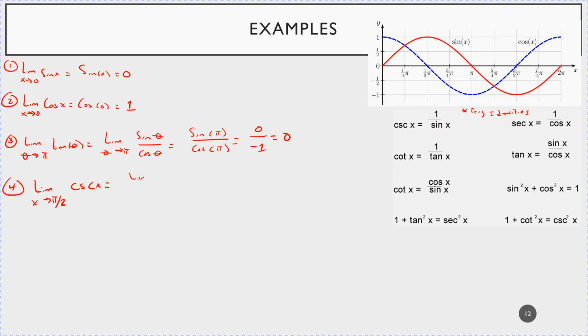So this is the limit as x goes to pi over 2 of 1 over sine of x. So now look what happens when you try to plug this in. This becomes 1 over sine of pi over 2. Well, what is sine of pi over 2? The red graph is the sine. Sine of pi over 2, boom, it's 1. So this is 1 over 1, and the answer is just 1, right?